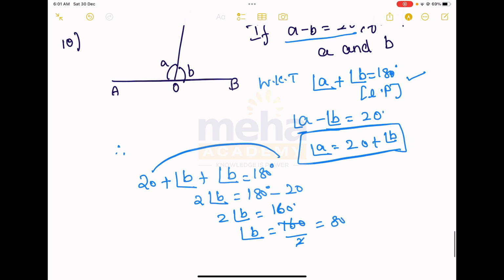That would be 80 degree. So if angle B is 80, what is angle A? Angle A is equal to 80 plus 20, from this equation, which says angle A is equal to 20 plus angle B. So angle A is equal to 100. So this is the answer for angle A and B. Angle A is 100, angle B is 80.